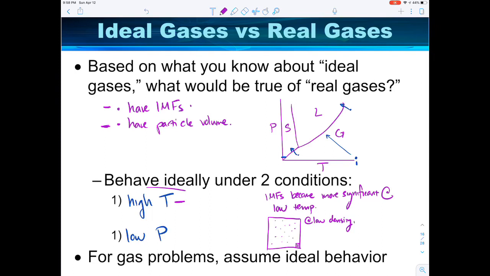So we would say at low density, the volume of the particles is a really low portion of the total volume, to the point that you could consider it negligible, right? So basically negligible.